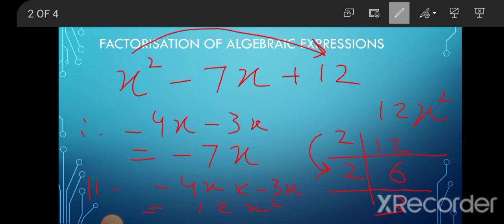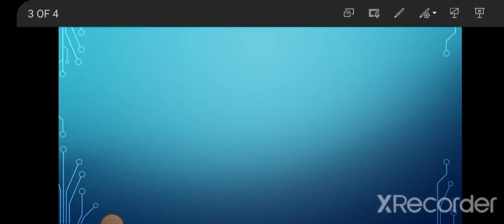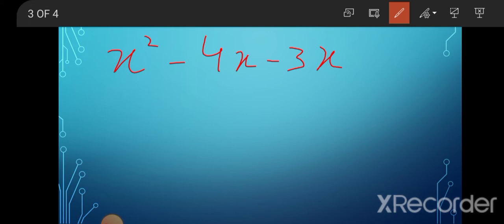In the next step, I am going to split minus 7x into minus 4x and minus 3x, and the last term is written as it is. There is no difference between this step and the previous step, because if you simplify these two, you get minus 7x once again.